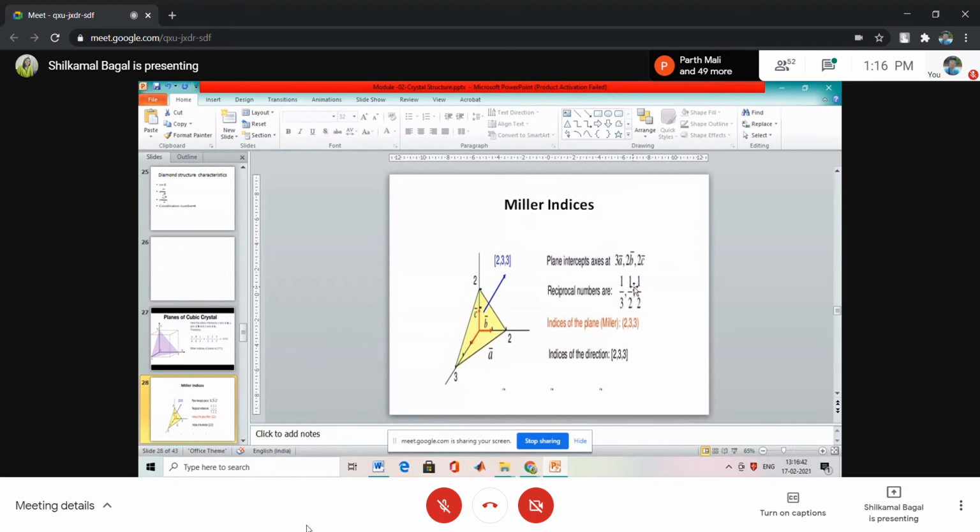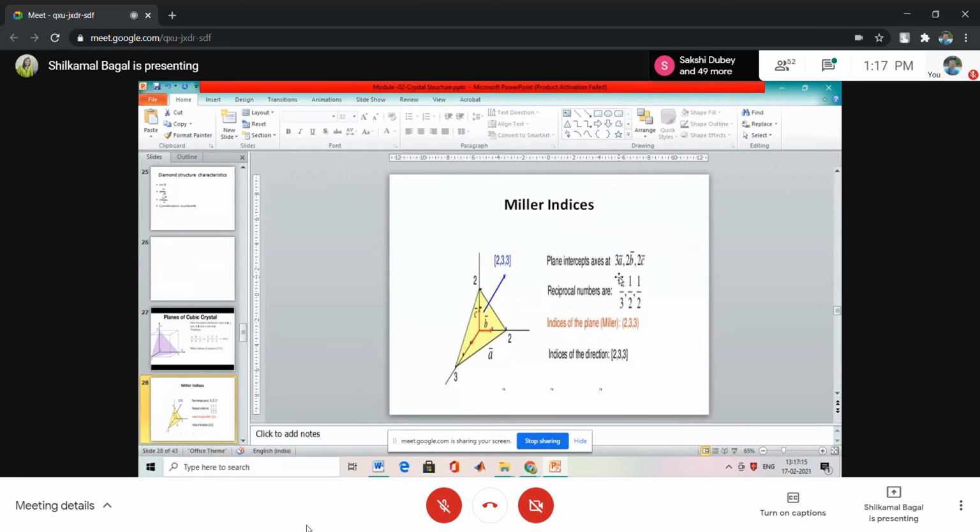To convert these fractions into integers, just multiply the LCM of the denominators to each one. What will be the LCM? 6, no? LCM of 3, 2, 2 will be 6. So 6 multiplied by 1/3 will come 2, 6 multiplied by 1/2 will come 3, and 6 multiplied by 1/2 is again 3. And so the indices of this plane are 2, 3, 3.